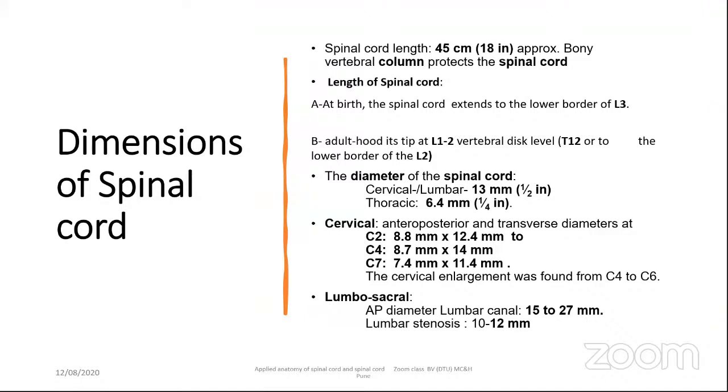At C4 it is 1.4 centimeters. At C7 it is 1.1 centimeters. So the cervical enlargement is from C4 to C6, and the AP diameter is 15 to 27 millimeters in the lumbosacral region, and lumbar stenosis is called if it is less than 12 millimeters.